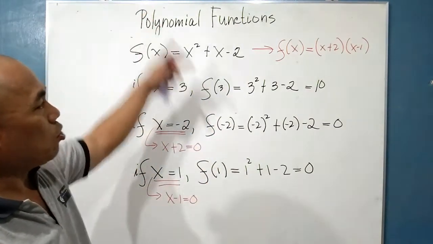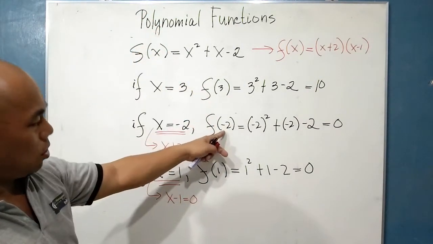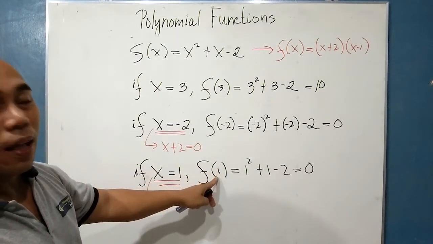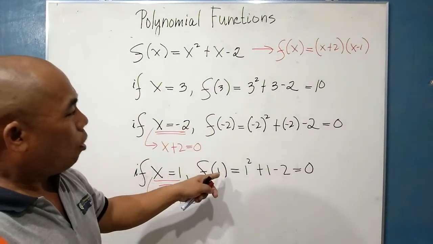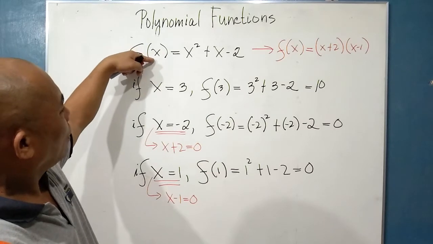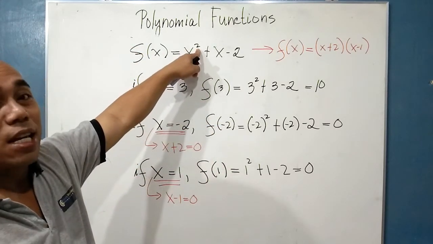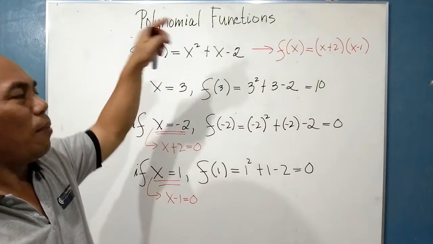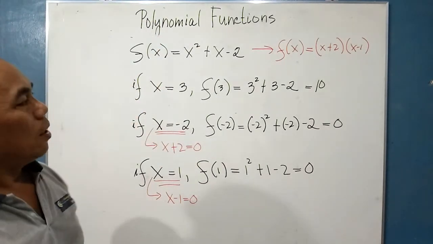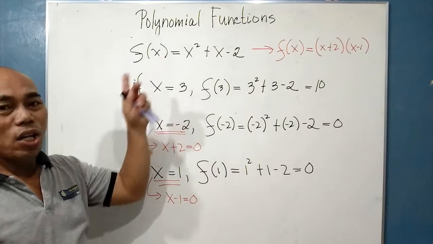So in this illustration, we're able to get two zeros, negative 2 and 1. And these are the only zeros. Duha lang, kay duha man po ang atong degree. Okay? So let's have another illustration with a degree more than 2.